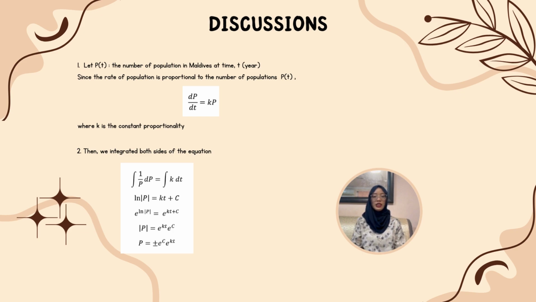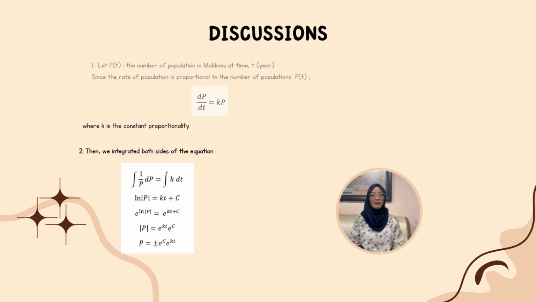And then we change it into exponential form, which becomes e to the power of ln modulus P equals e to the power of kt plus C. After simplifying it, we get P equals plus minus e to the power of C times e to the power of kt.